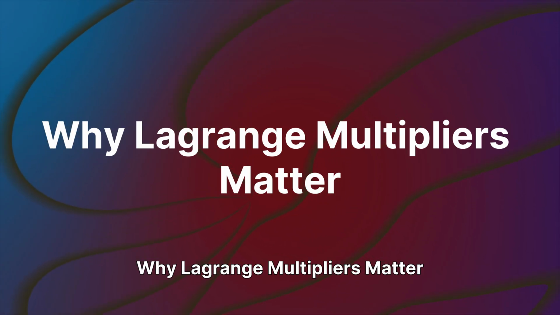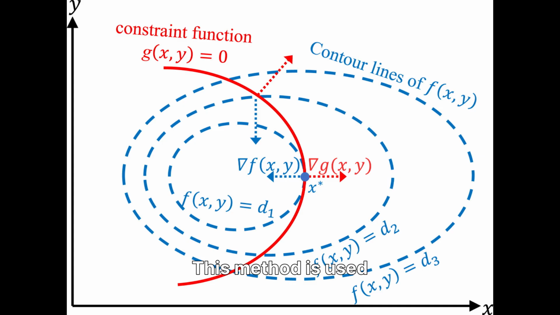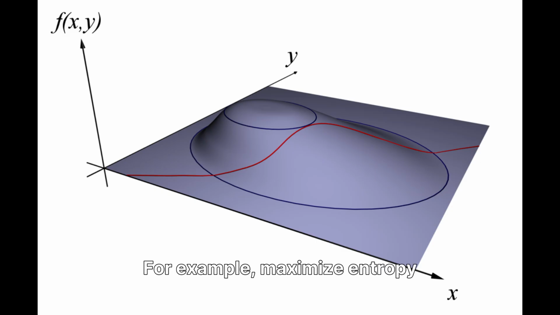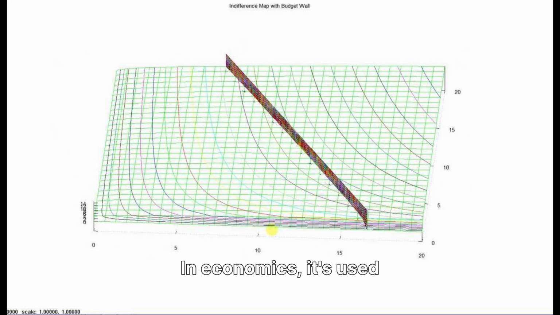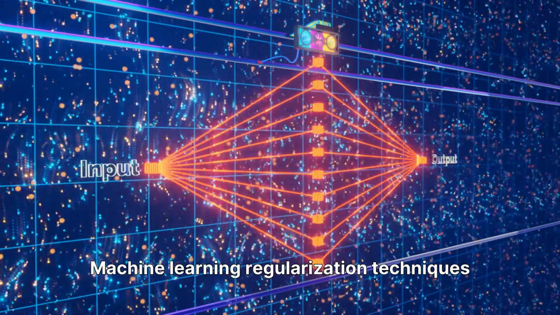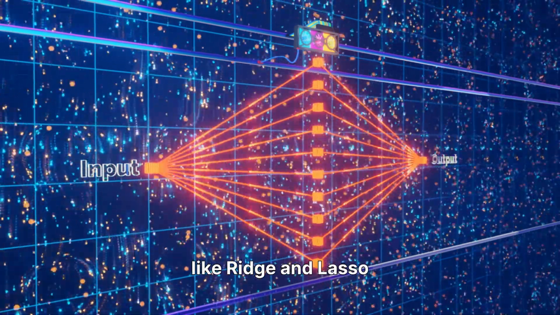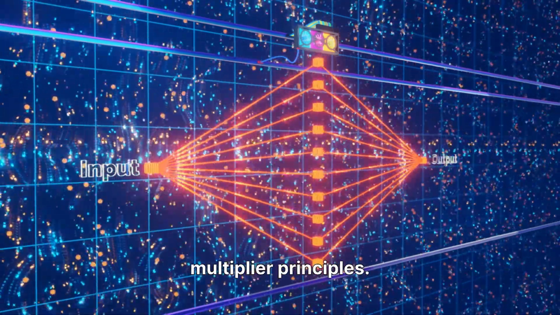Why Lagrange multipliers matter? This method is used everywhere. In physics, finding equilibrium states under conservation laws. For example, maximize entropy with fixed energy or minimize energy under length constraints. In economics, it's used for optimizing utility with a budget constraint. Machine learning regularization techniques like ridge and lasso are built on Lagrange multiplier principles.